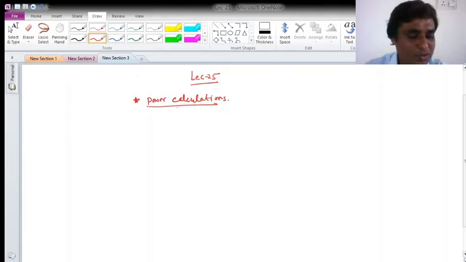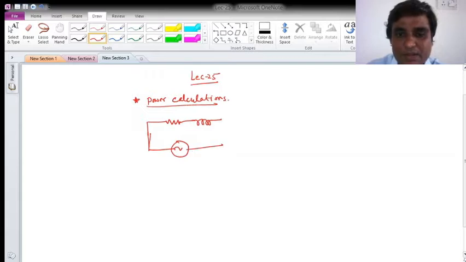In order to see this, let us use the same example, that is the series RL circuit. To this I am applying the sinusoidal excitation. The source voltage Vs of t was Vm sin omega t.